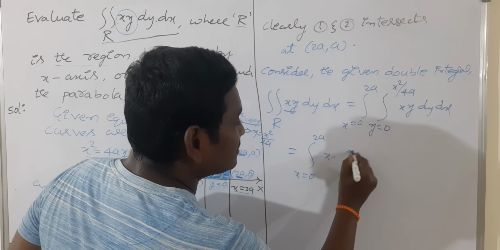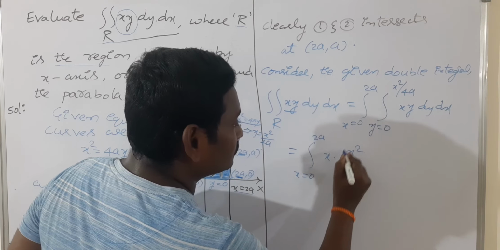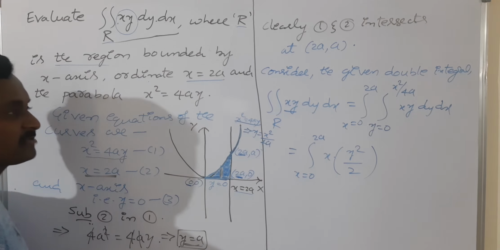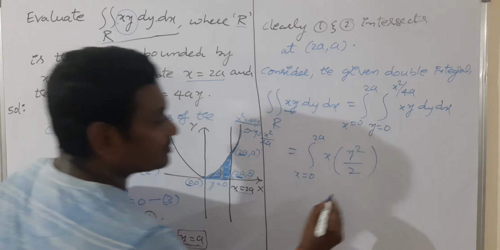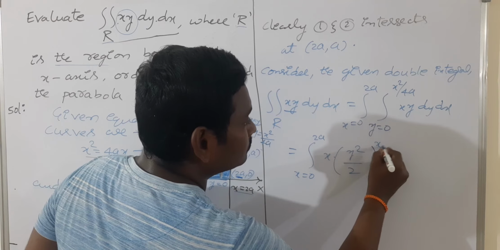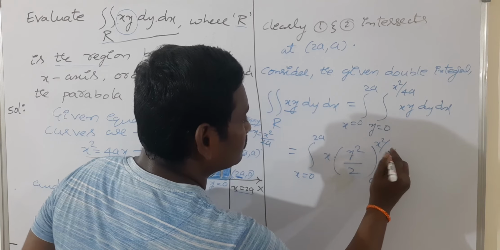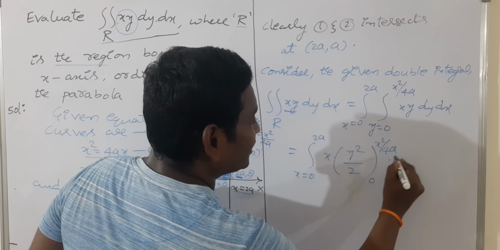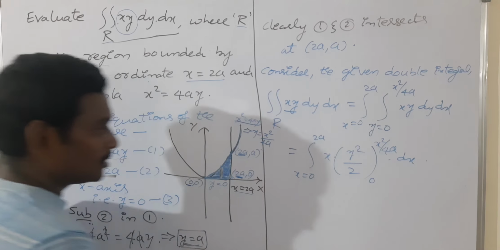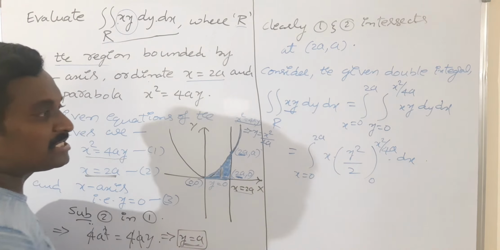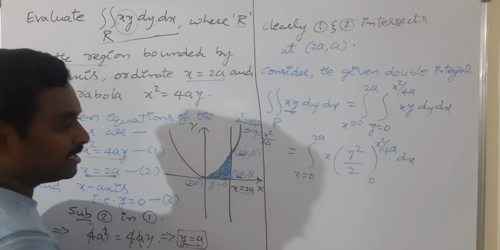Integration of y is y square by 2. y square by 2 within the limits 0 to x square by 4a into dx. So 1 by 2 is the constant term. Take outside from the integration.